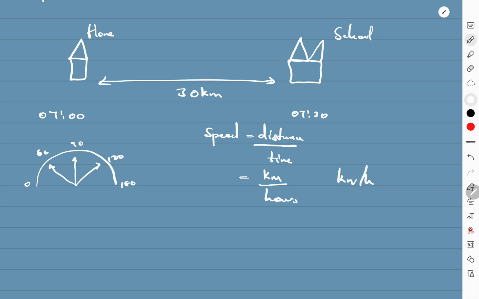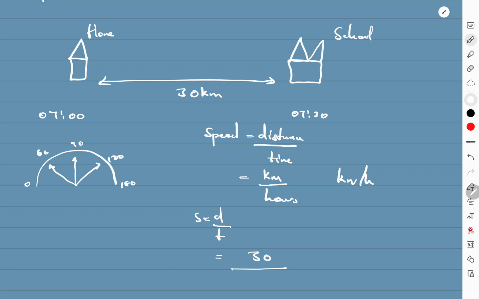So I'm going to have speed equals distance over time. What should the speed be so that exactly at 7:30 you are at the gates of your school? I'm going to start with the distance. What is the distance from your home to the school? The answer is 30. Is it in kilometers? Yes. It means I'm going to substitute that 30.